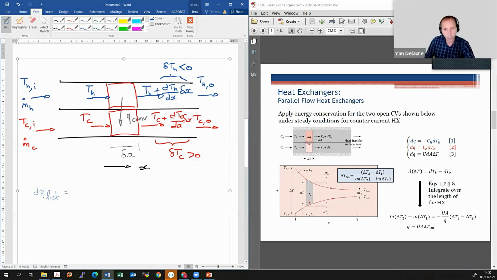So I want the positive rate of heat transfer lost by the hot stream. And one way to write it, I'm going to use the capacity rate, capital C, like this one. Okay, so this one would be capital C, H for the hot. And that relates to the hot stream, the hot stream that's releasing heat.